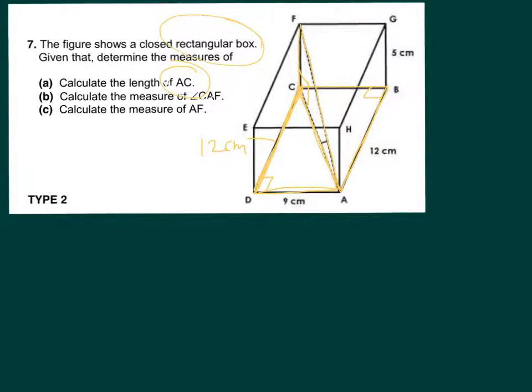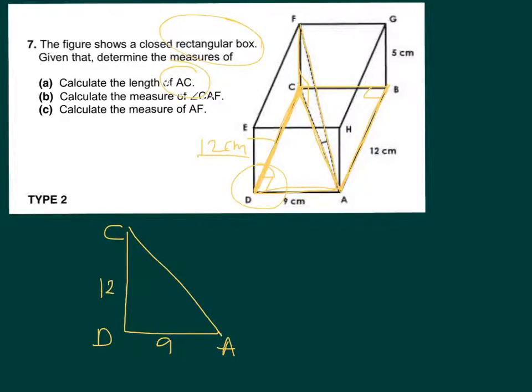So if the side BA is 12, then the side CB must also be equal to 12. This is a 3D object. The angle doesn't look like a 90-degree angle at D, but that's actually a 90-degree angle. So when I recreate the triangle CDA, this is C, this is D, and this is A, this is 9, and this is 12, then CA is this side, which is the hypotenuse.